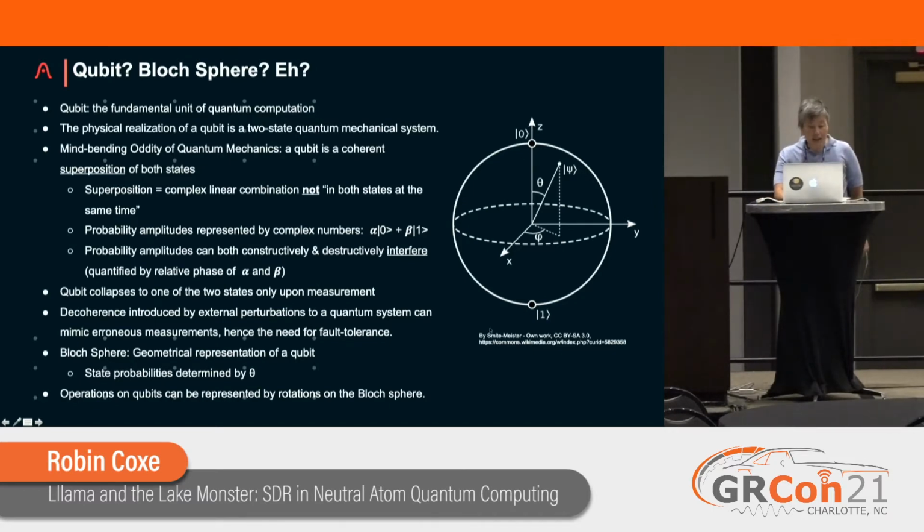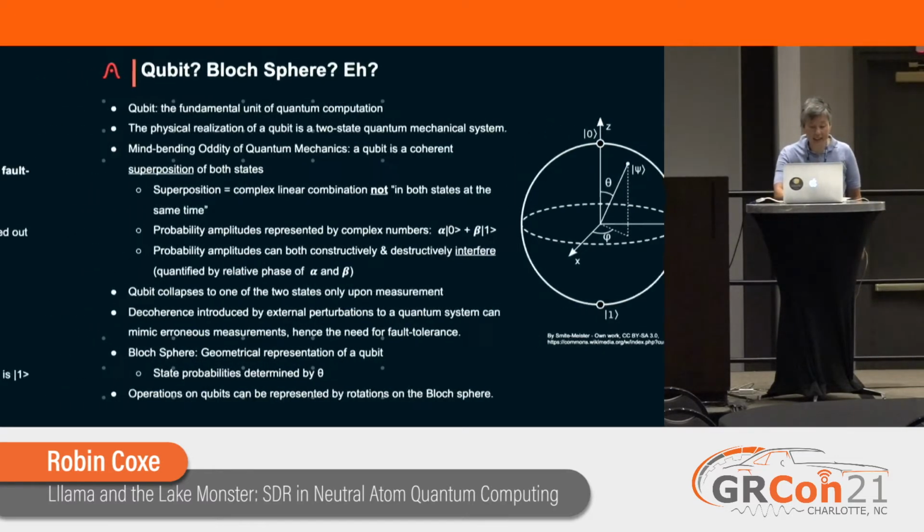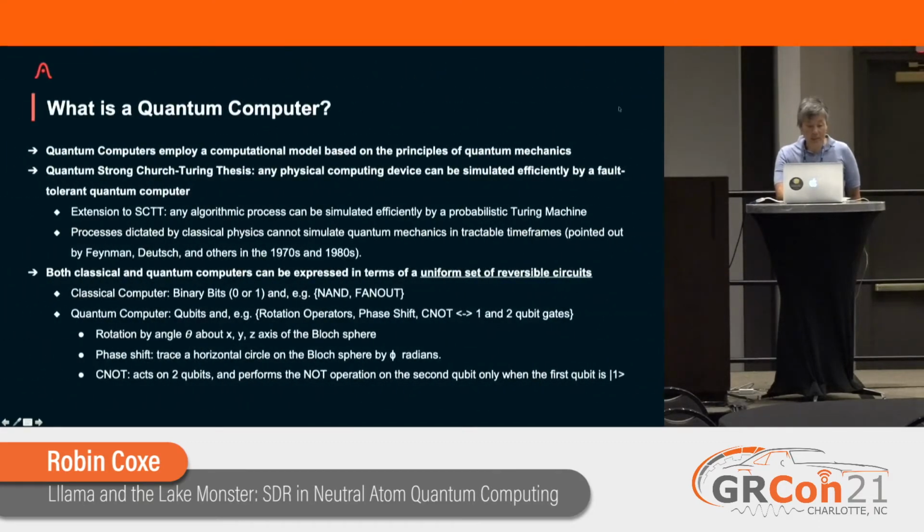This picture denotes something called the Bloch sphere, which is named after a Swiss physicist named Felix Bloch, and it's a very convenient geometrical representation of a qubit. The operations on qubits, these logic gates that I was talking about before as being the fundamental units of a quantum computer, can be quite conveniently visualized as rotations by an angle theta about the 3 axes of this sphere.